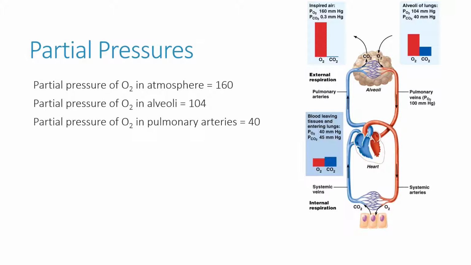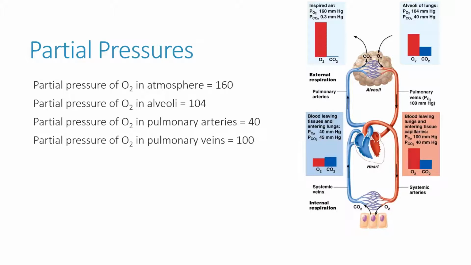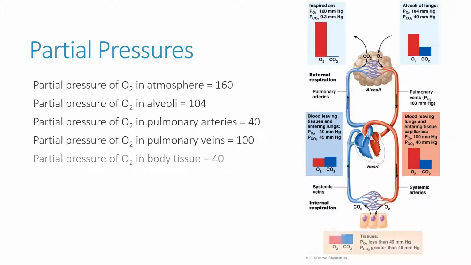This means that because there is a higher partial pressure of oxygen in the alveoli, it favors the movement of that oxygen from the alveoli into the blood, so that by the time that blood is moving away from the lungs through the pulmonary veins, it is carrying a fresh load of oxygen and is now at a partial pressure of around 100.